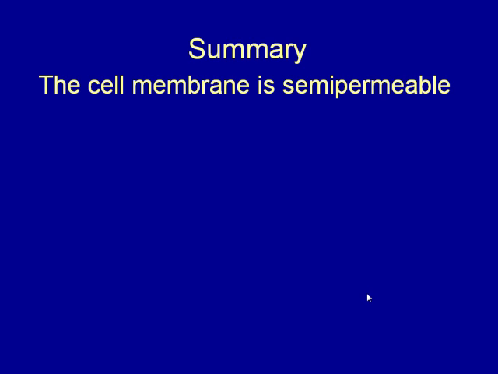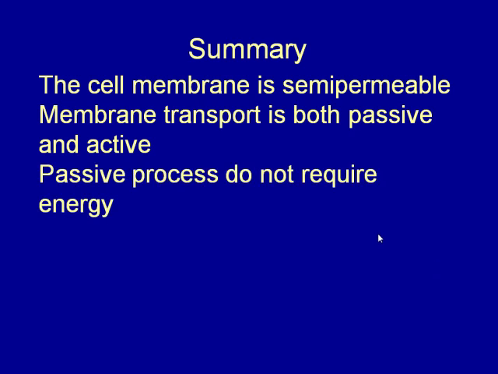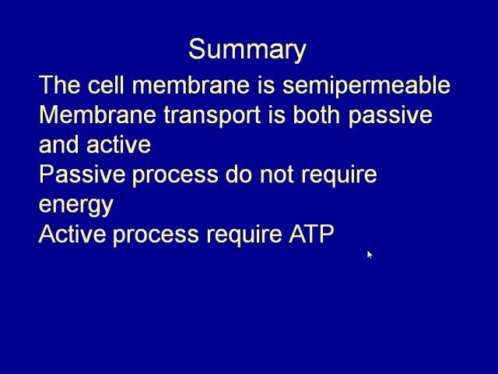So in summary, the cell membrane is semi-permeable, so it controls what enters and leaves the cell. Membrane transport is both passive and active. Passive processes do not require any energy on the part of the cell. Active processes do require energy, and the only cell energy available is ATP.